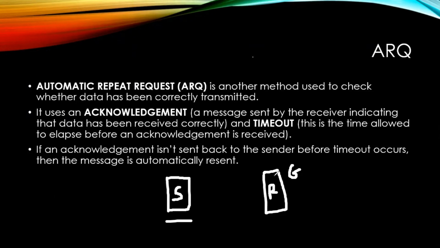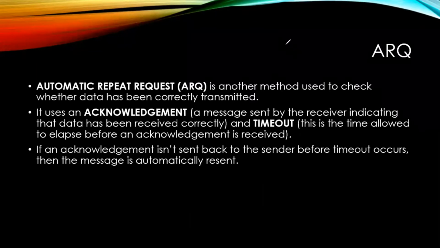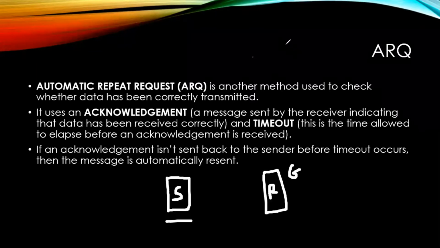You have to acknowledge that you have received your gift. And this is how normally ARQ functions. If you have not received the gift, it means that the postman has not delivered it, and your friend has to go ahead and search for that gift. Maybe it's stuck somewhere, and so on, right?